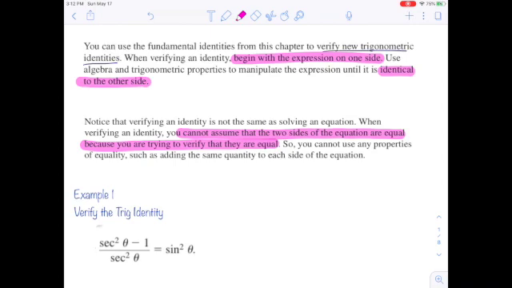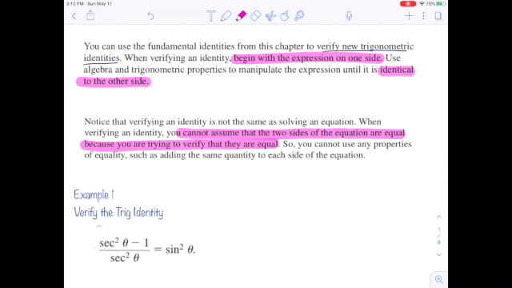We don't know if they are equal, so don't add or subtract something from both sides, or multiply or divide or do anything, because that equation is not actually an equation. We need to verify that it is true. So you cannot use any of the properties of equality, such as adding the same quantity to each side of the equation, because we're verifying that it is an equation.